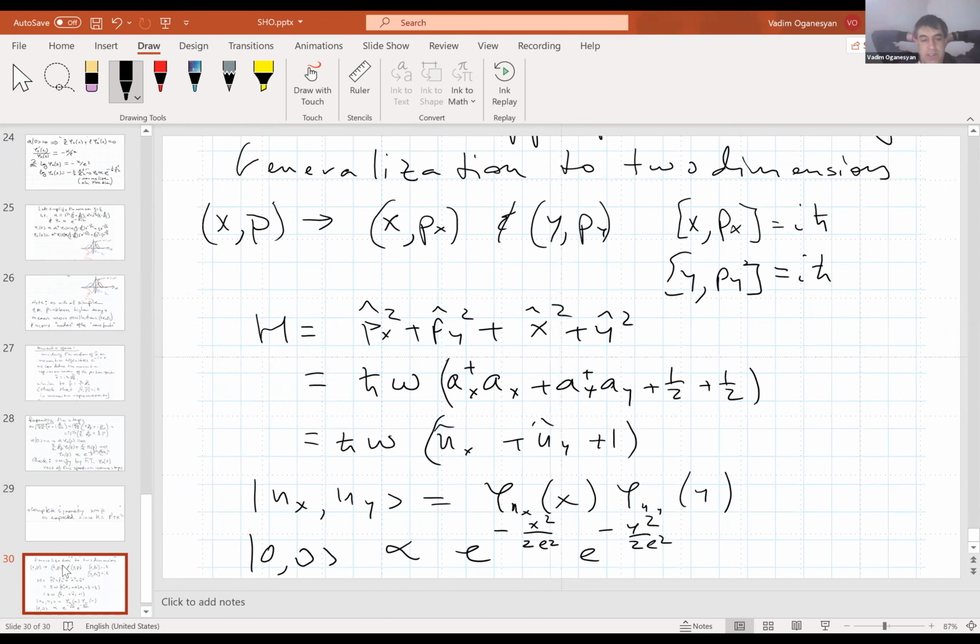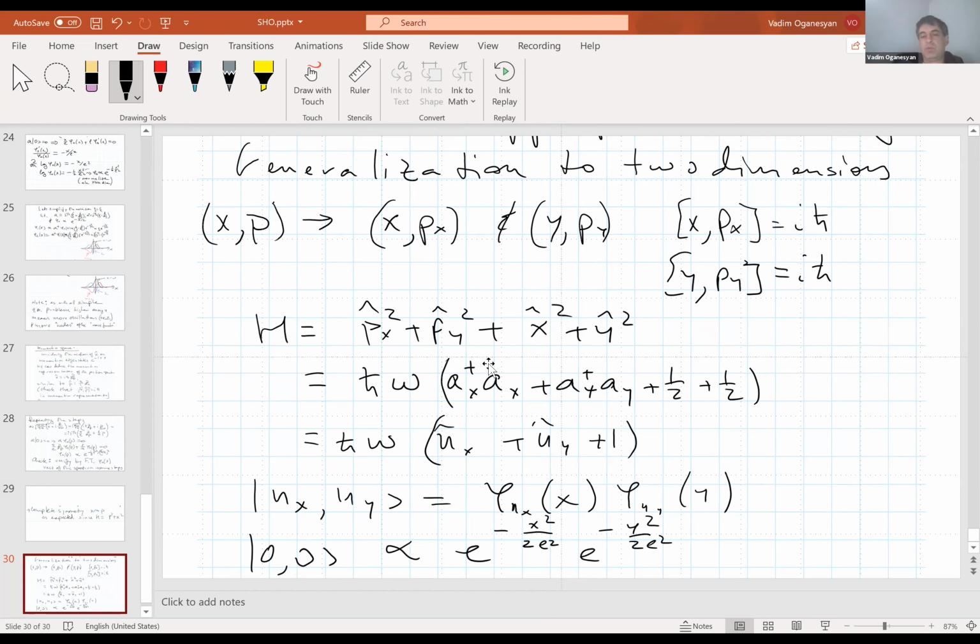Okay, I think the last thing that I have to say for now is that the generalization to higher dimensions is very easy. It's trivial, in the sense that what we've done with x and p can be just replicated to have x and p sub x and y and p sub y with independent simple commutators, and p sub x will be related to d by dx, and p sub y will be related to d by dy.